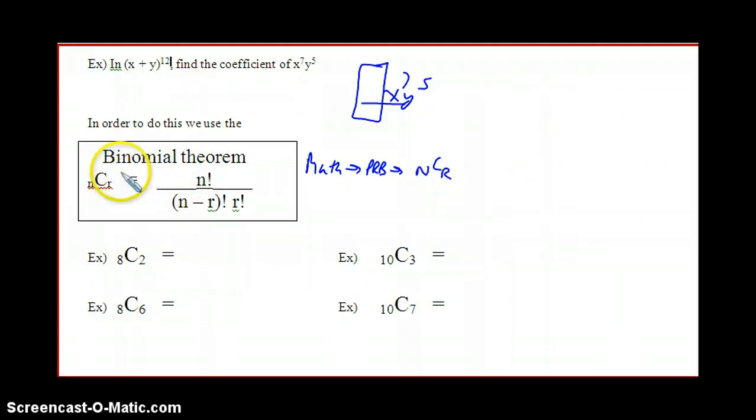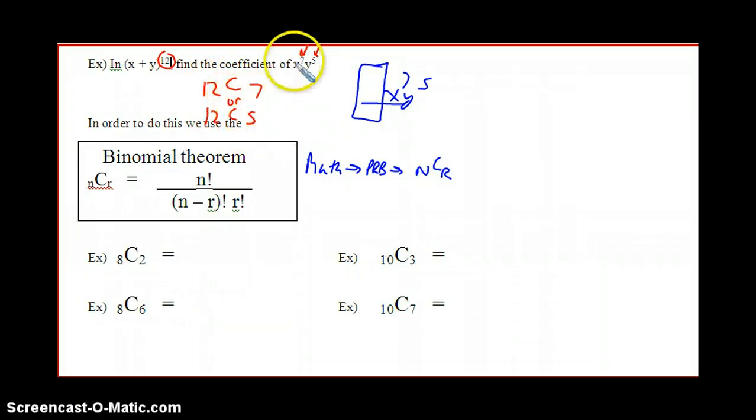But the binomial theorem will say this: if it's n choose r, in this problem we're dealing with an exponent of 12, so it would be 12 choose either one of these exponents. You can use the 7 or the 5, so 12c7, or you can do it as 12c5. It doesn't matter. You're going to get the same answer for either of those.